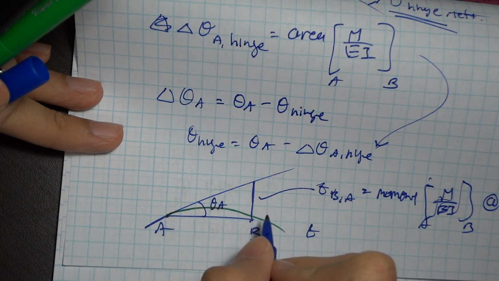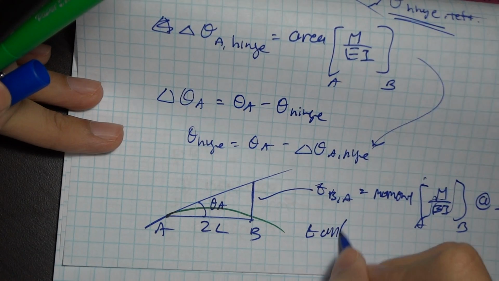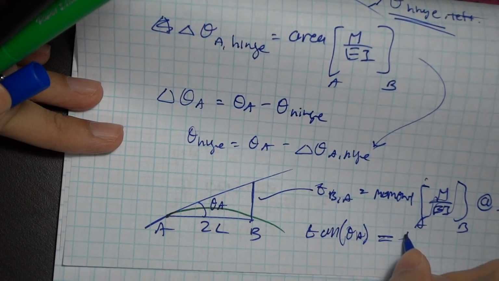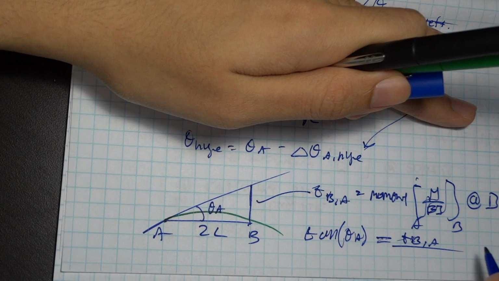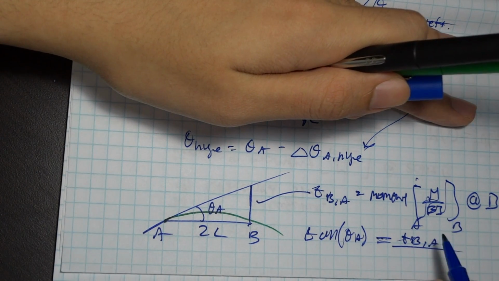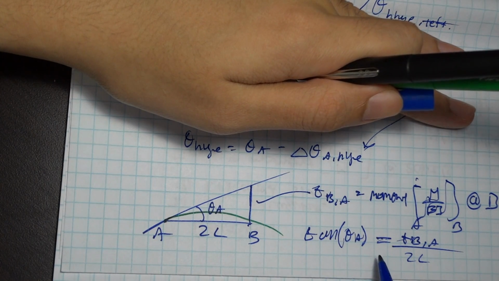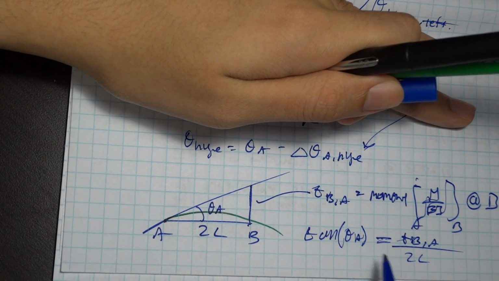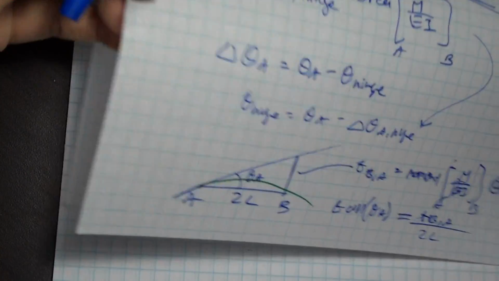And the distance between A and B is also units of length, it is 2L. If I take the tangent of theta A, that's opposite over adjacent, right? That equals t_BA over 2L. Sorry, I'm not used to folding the paper in half, so my thing is starting to look a little sloppy. And then if I use a small angle approximation, for small thetas, tan of theta is equal to theta. So let me bring that over here.